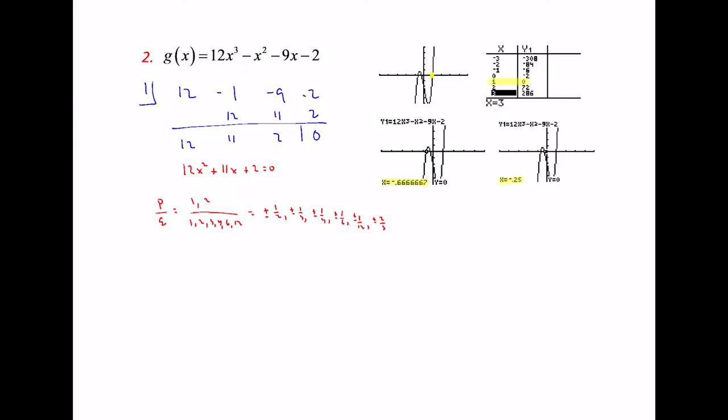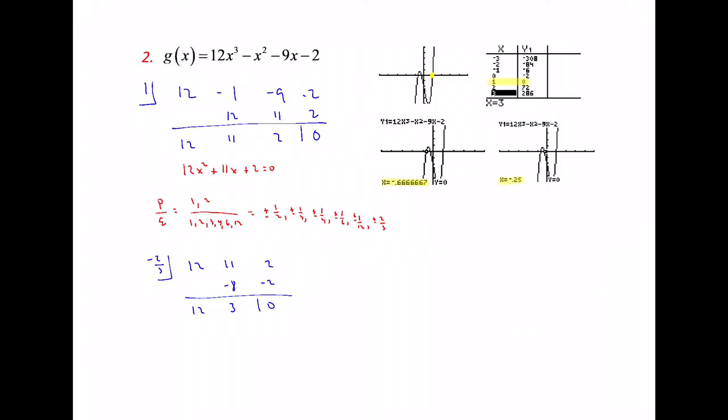So if we want, we could keep going and use negative 2/3 as another potential root here. So 12, 11, and 2, and we can continue to break down the polynomial. So 12 times negative 2/3 would be negative 8. So 3 times negative 2/3 would be negative 2.